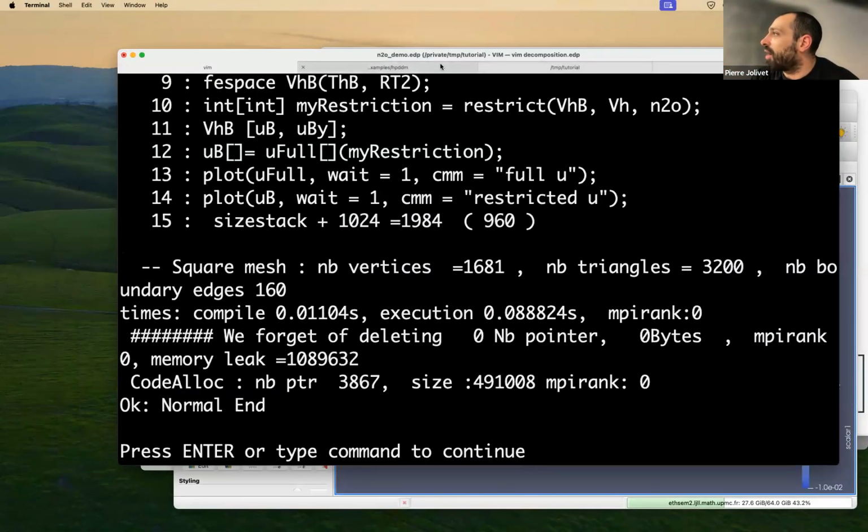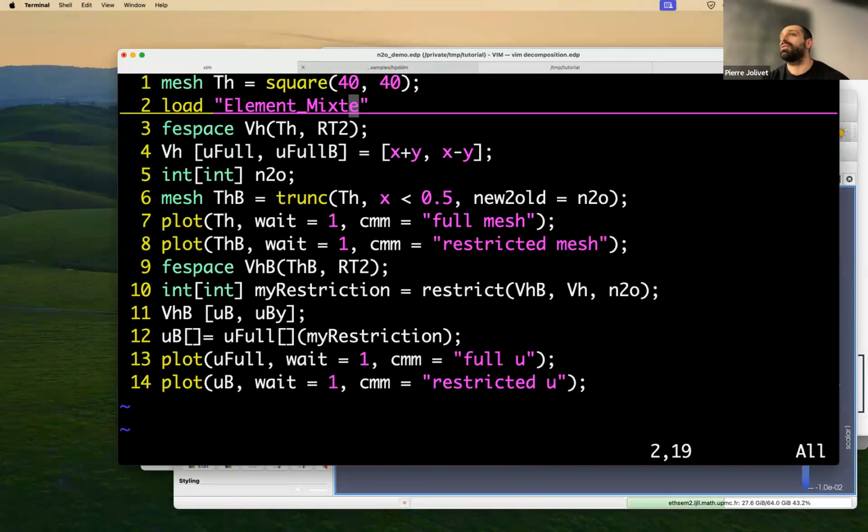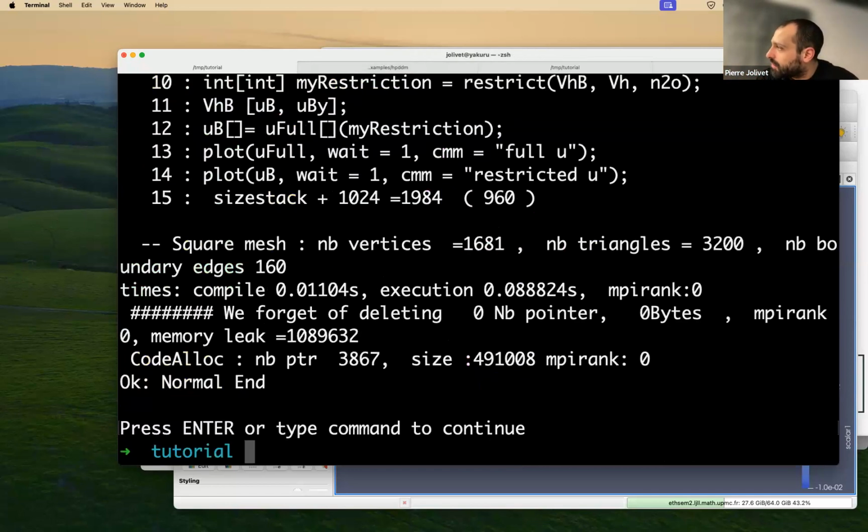Okay, and I think maybe you've guessed it, but now the idea is basically to use all this machinery, but apply it to domain decomposition. So instead of using N2O to go from one part of the domain to the full domain, it will be used to go from one subdomain to the complete domain and do the same for all subdomains. So we can just go back to the script via decomposition.